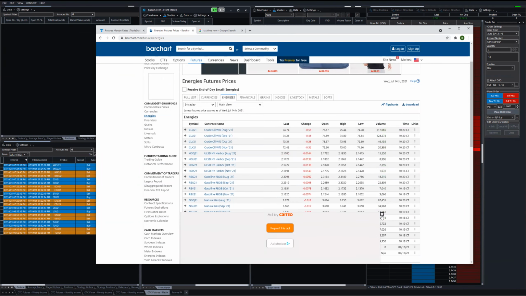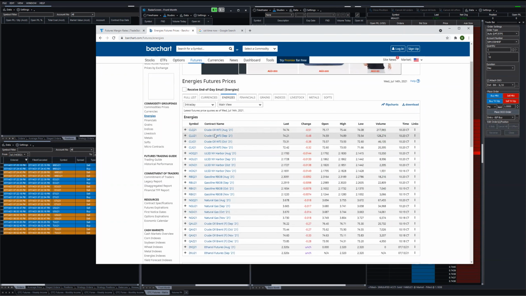So crude oil or natural gas, for instance, and also gasoline and heating oil, they are rolling over every single month. You have August, September, October, November, then you would have December, and then January 2022, February 2022, and so on and so forth. So here you have to roll over every single month.